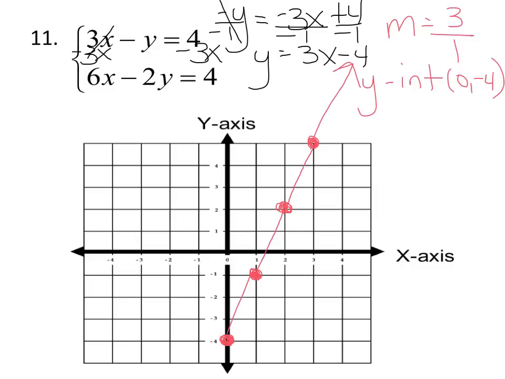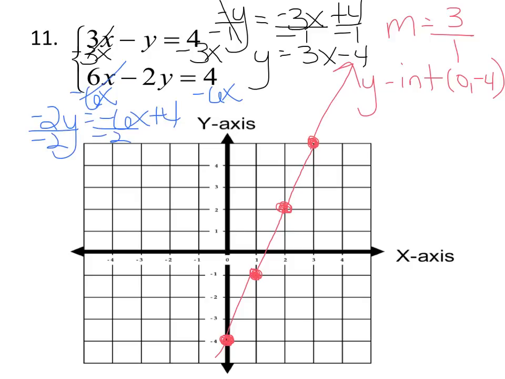Okay? And then this time I'm going to subtract 6x from both sides, giving me negative 2y is equal to negative 6x plus 4. Divide everything by negative 2. I get y equals positive 3x, because negative 6 divided by negative 2 is a positive, minus 2.